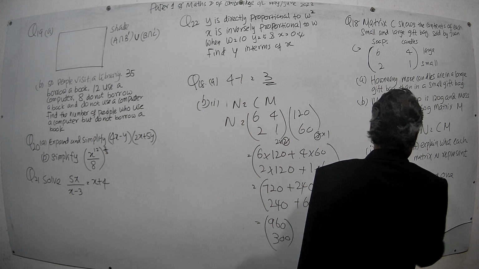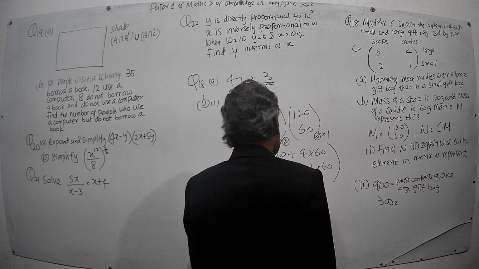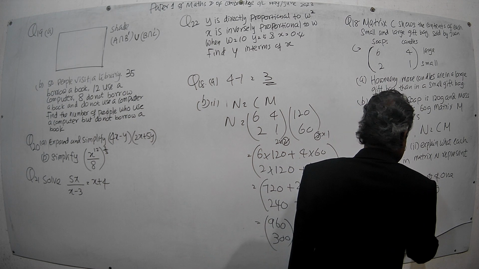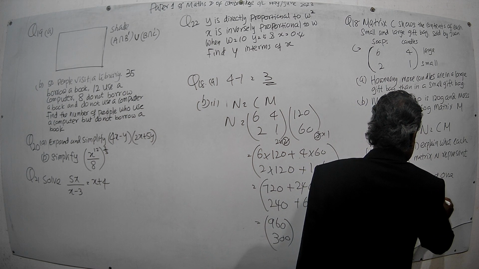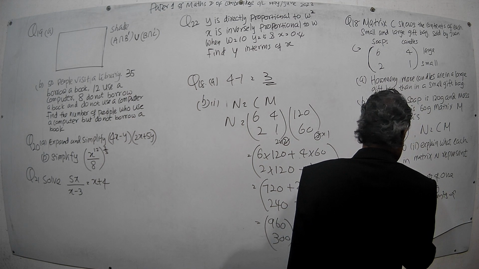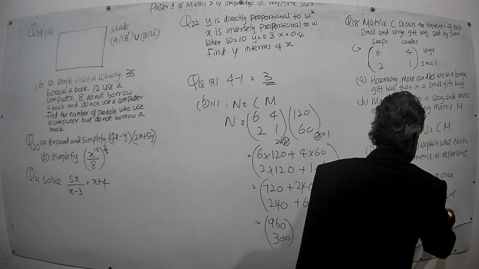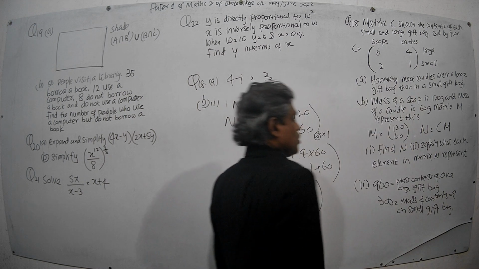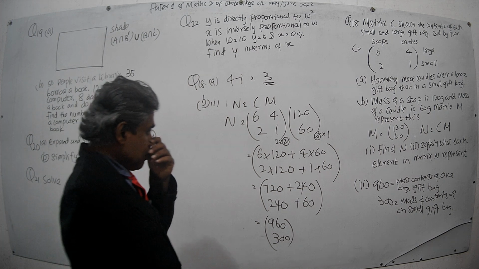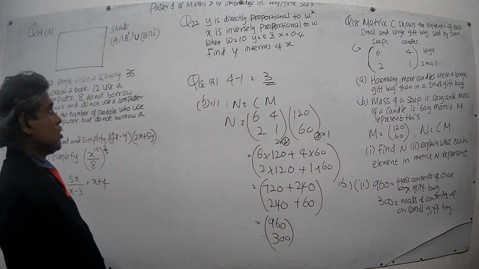Then this 300 is the mass of contents of one small gift bag. Okay, so that is the answer for the second part of B. Right, this is right. That is the answer. That's the question.